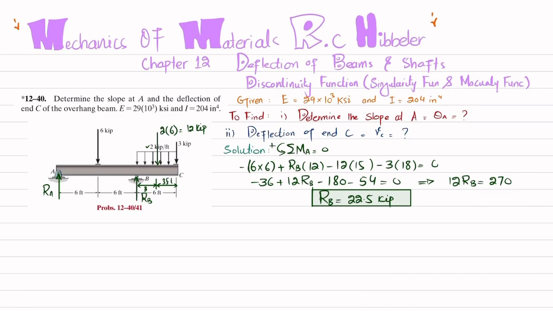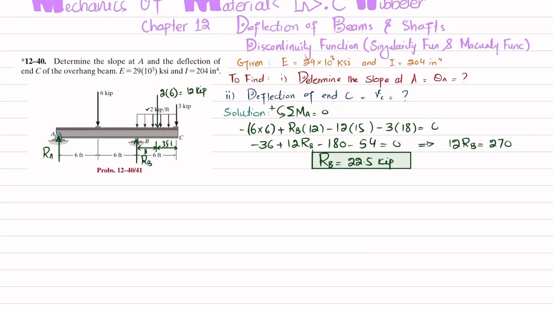Now we will find RA by using the equation of equilibrium that the sum of all forces along y direction must be equal to 0, and upward force is taken as positive. So RA is upward, so I will write RA, minus 6 because it is downward, plus RB, which is upward, and that is 22.5, minus this 12 kips load, and minus 3 will be equal to 0.